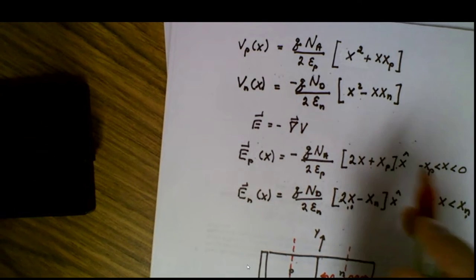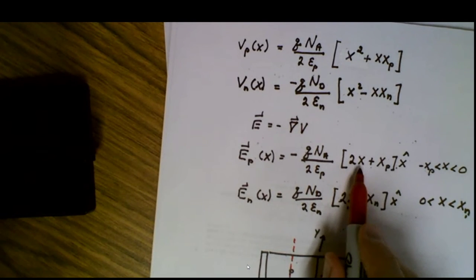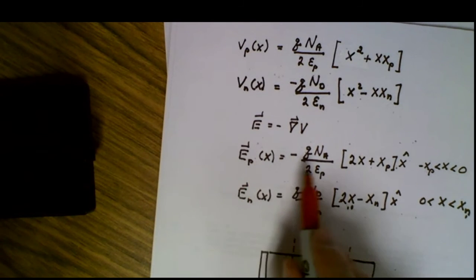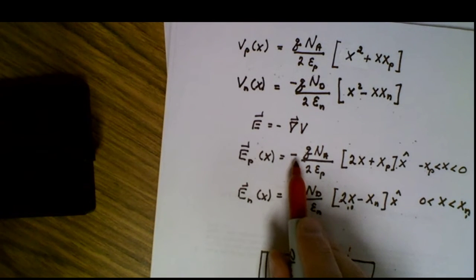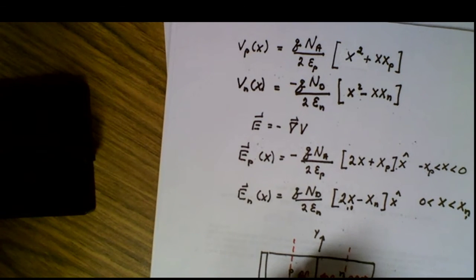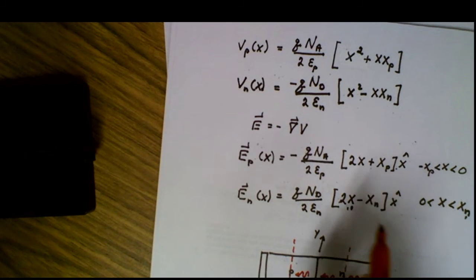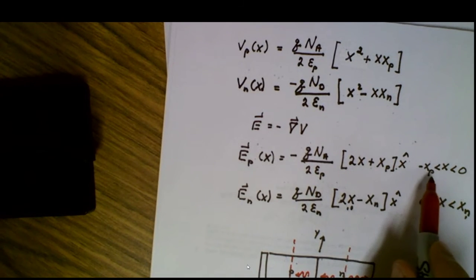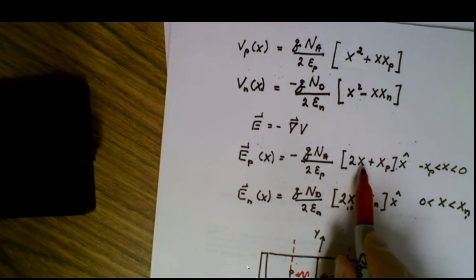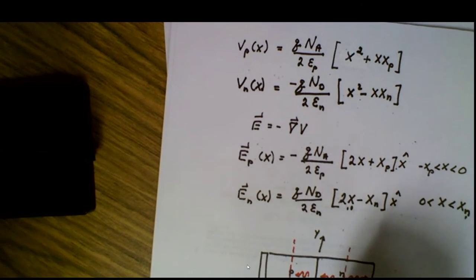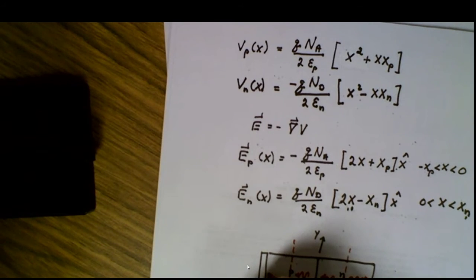Continuing onwards, if we force x to be equal to 0 in our expression for the p material, we see that our electric field is in the minus x direction. And finally, if x is equal to minus x sub p, this is going to be negative, and that negative will be positive, and we see that our field is going to be in this direction.